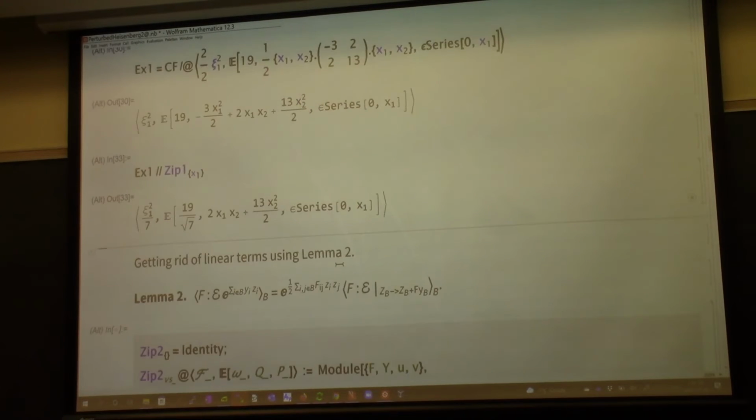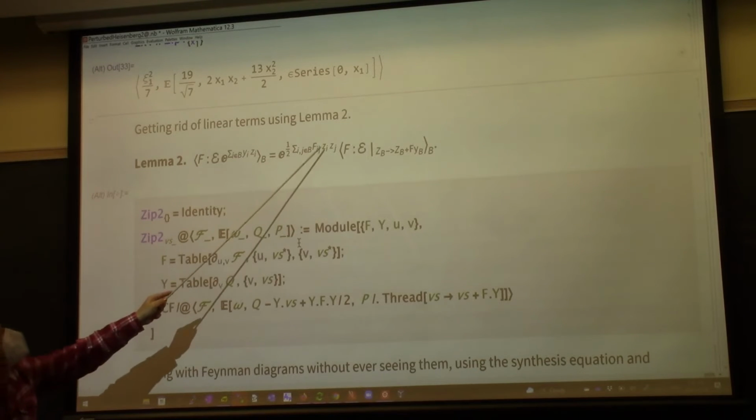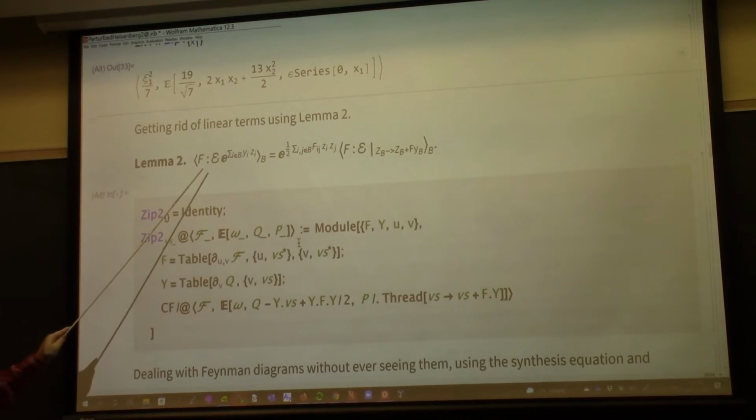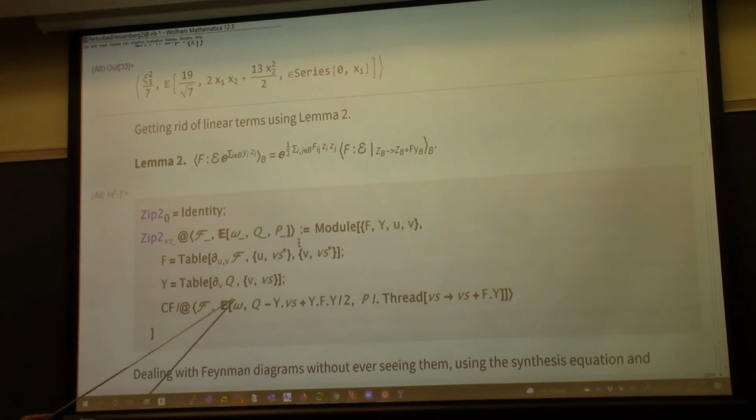Then there is to get rid of linear terms, and I think it's kind of boring if I say it. So basically, there was this lemma 2, and if I want to apply it, I have to figure out what the y's are. The y's are just the derivatives of the q part of E with respect to all the variables.